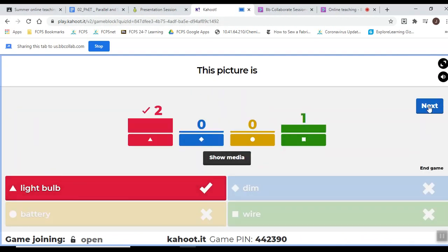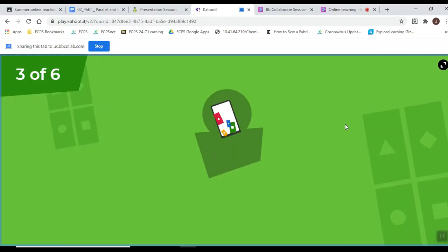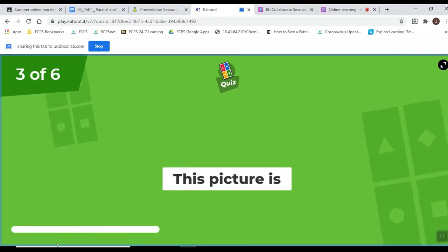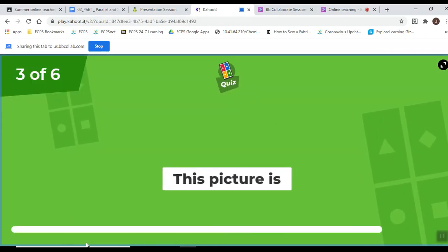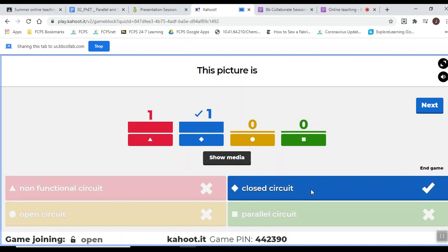Good, a light bulb. And one more. All right, good, a closed circuit because the circle was complete. Great job on the Kahoot, guys.